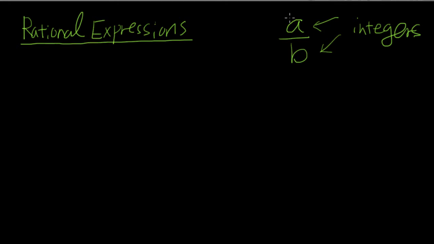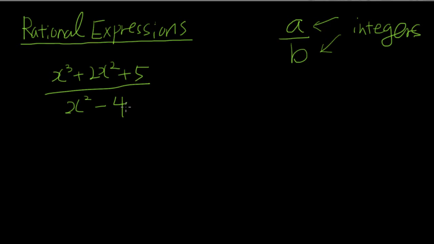Well, rational expression uses almost the same a over b format, but instead of using numbers, they're going to use polynomials. So polynomial over polynomial is what's called a rational expression. A simple example would be 2x squared plus 5 over x squared minus 4. That's a nice polynomial, and that's another nice polynomial.